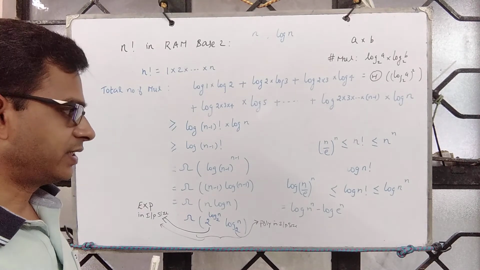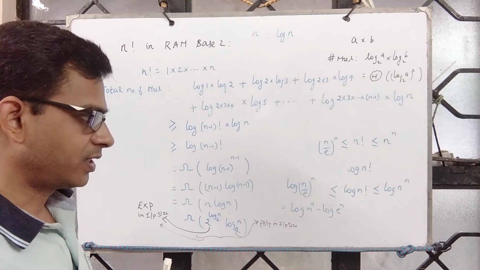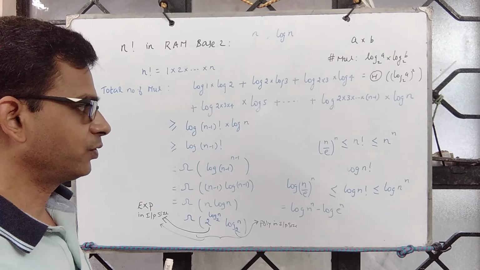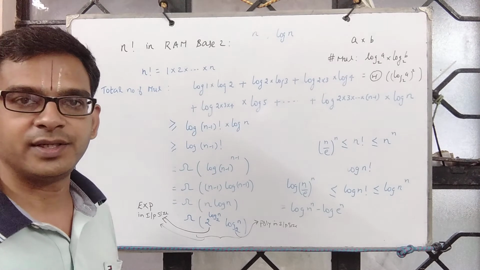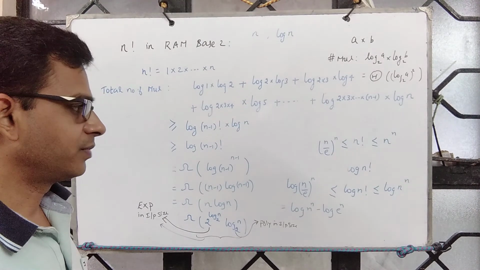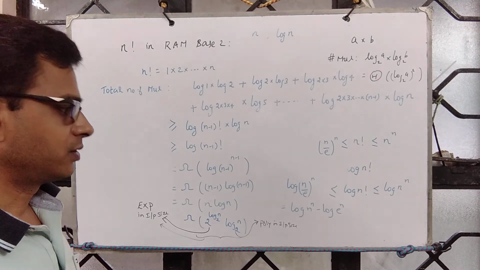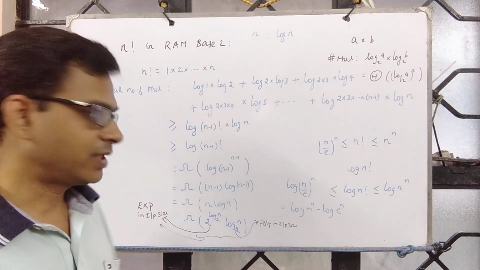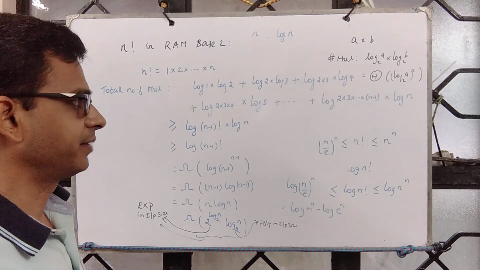So here is one problem under RAM or TM, with respect to any input encoding or input representation, that takes exponential time with respect to input size. There are problems which run in polynomial in input size, there are problems which run in exponential in input size. Here is one case study.